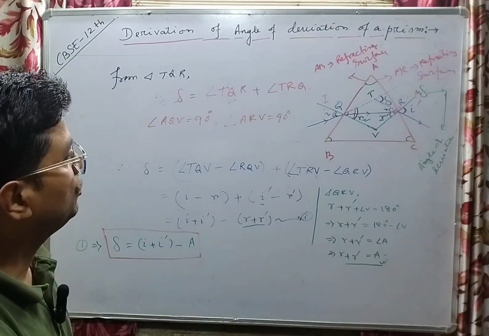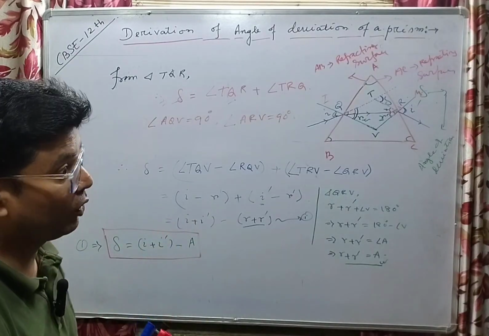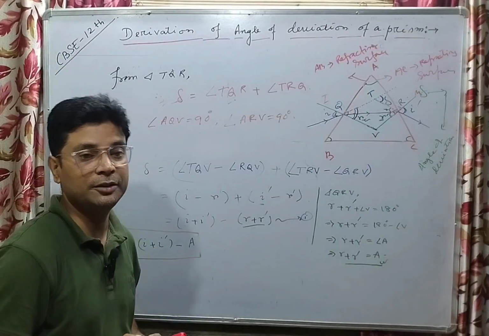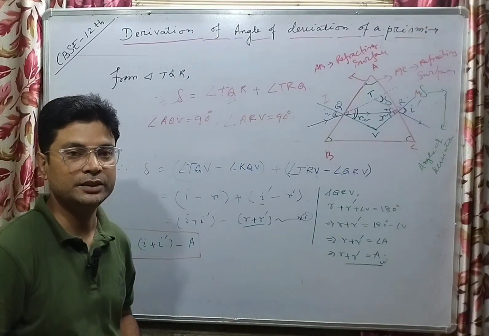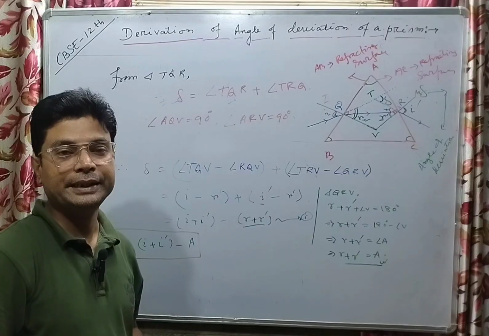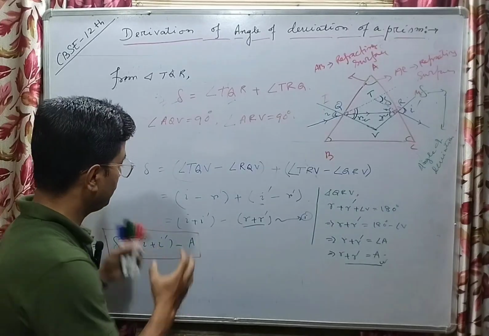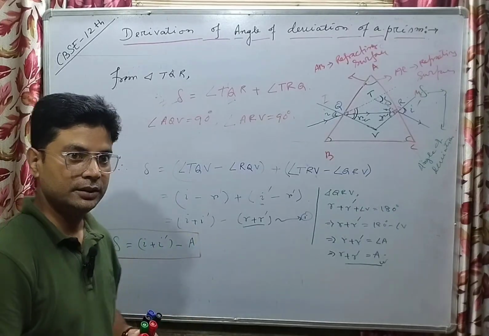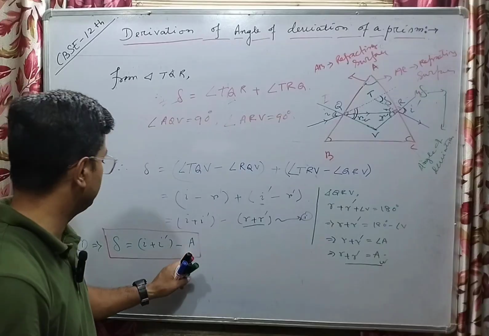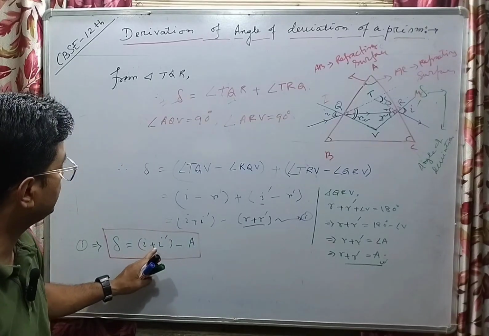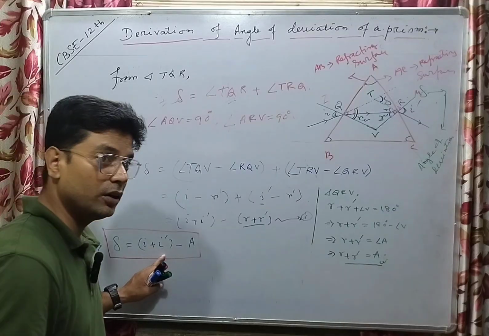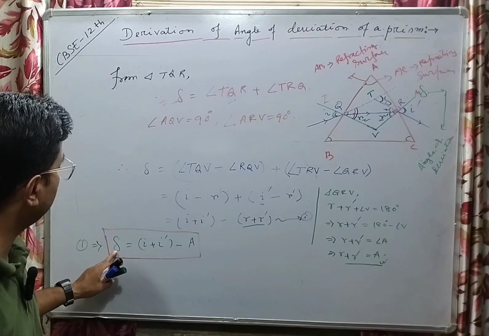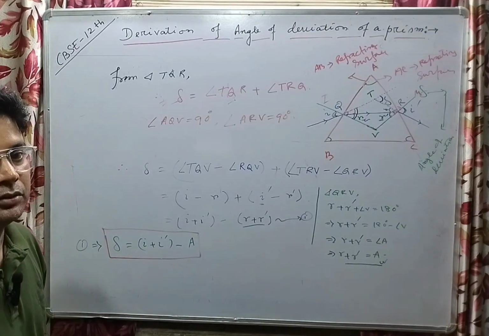You need to understand this, and a lot of numericals are asked in various competitive exams like NEET, JEE or NDA. This type of question will be asked. Suppose the angle of the prism, angle of incidence and angle of emergence are given, then you can obtain the value of the angle of deviation.